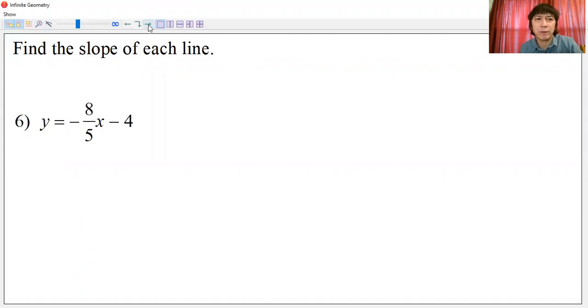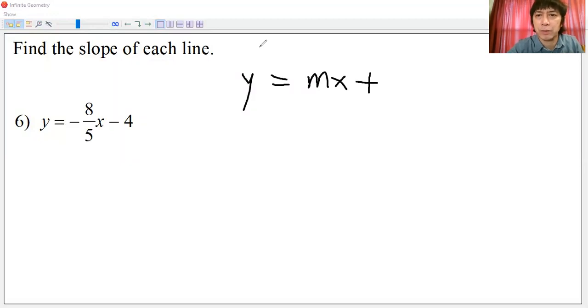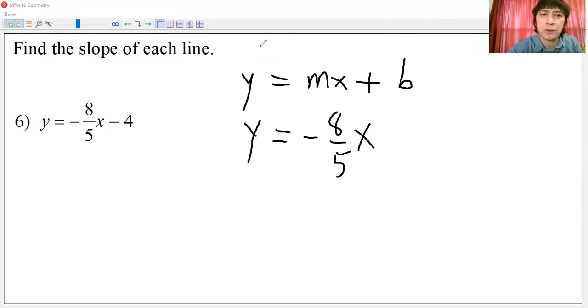Here's number 6. Find the slope of each line. That's the instruction. Find the slope of each line. And we can easily recognize it. Okay, this is of the form y = mx + b, the slope-intercept form. And so you can always compare this. Y is equal to -8 over 5 x, that is plus -4.